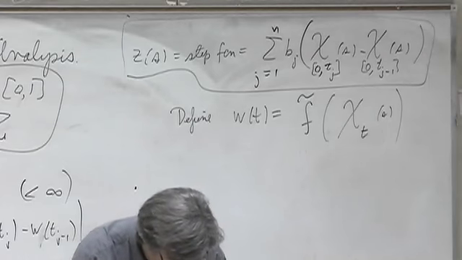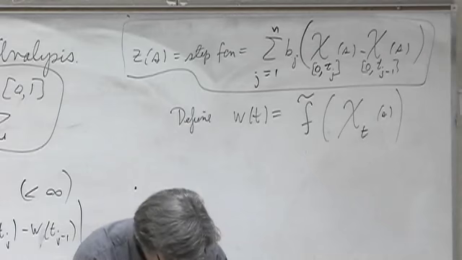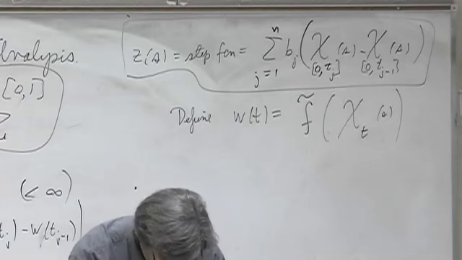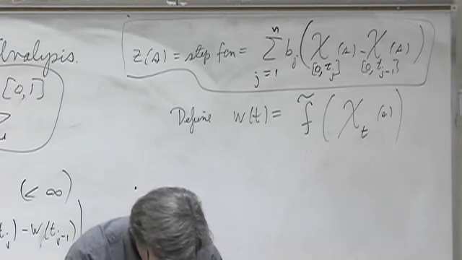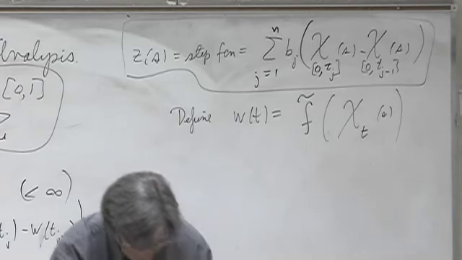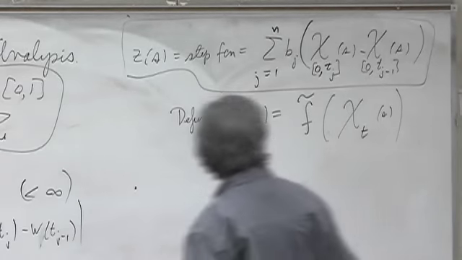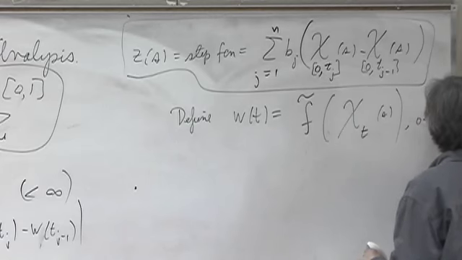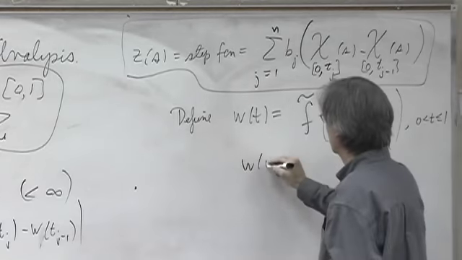It seems like I'm missing a minus sign somewhere in my mind, but maybe that's because I've got the idea wrong. Okay, that looks okay. And this is for 0 less than t less than or equal to 1, and also I'm going to define w of 0 equal to 0.